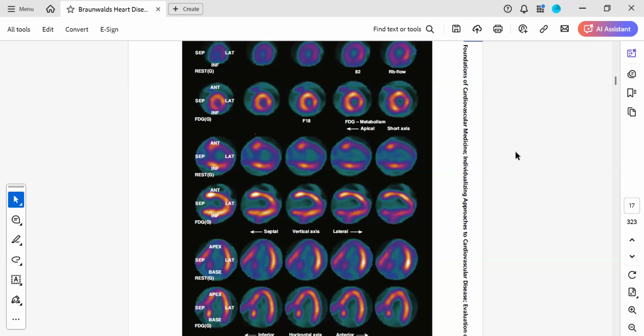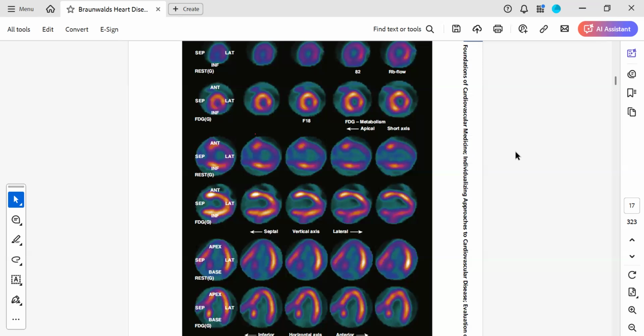Now, SPECT is cheaper. Two, it can easily be done. And even when you give the radionuclide agent, it stays far longer. You can have a SPECT test where the patient can come 40, even up to 72 hours after giving the agent, to still check for the uptake. So that means it lasts longer in the blood system.